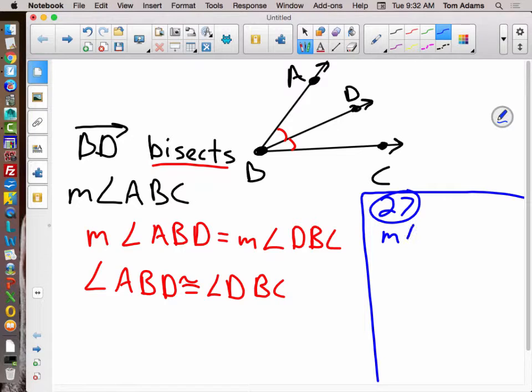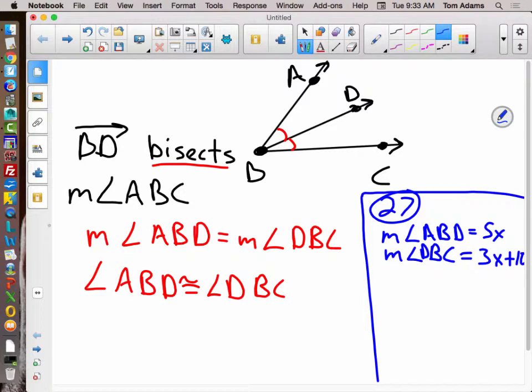The measure of the angle ABD is 5x. And the measure for DBC is 3x plus 10.